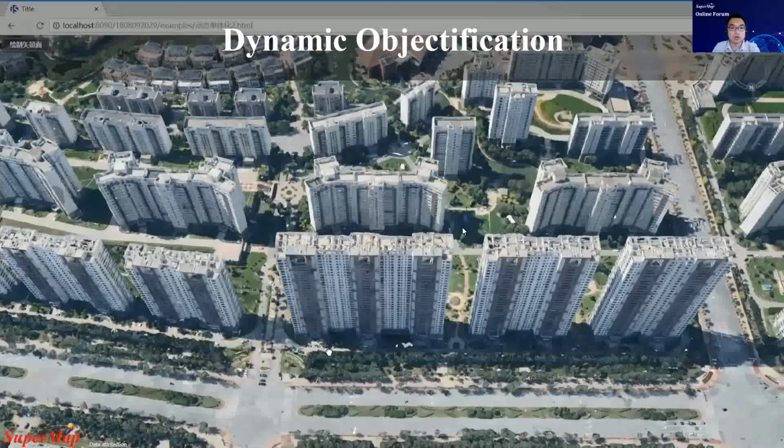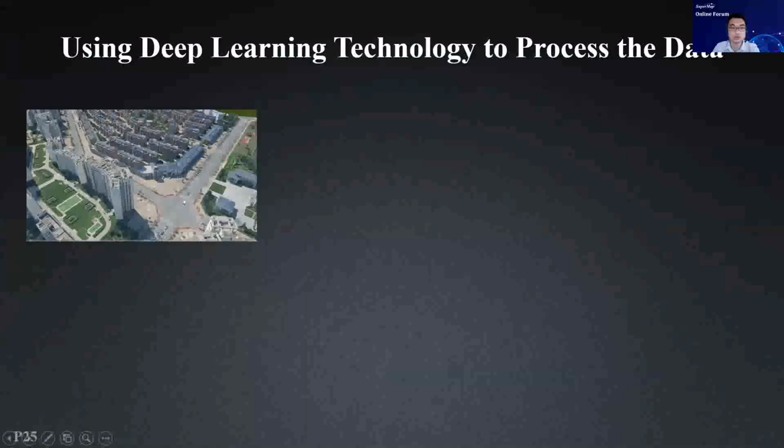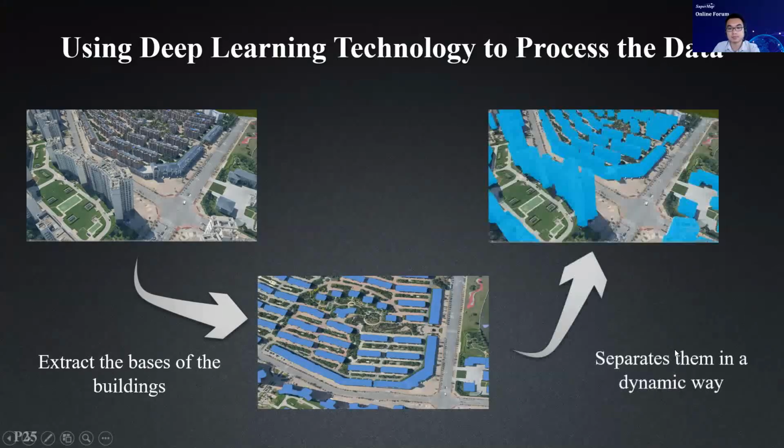And also, if we only use the vector data, but for some areas we don't have that data, so we also provide using the deep learning technology to help us extract the vector data. So you can see we have the 3D images, so we can extract the base of the buildings and also separate them in a dynamic way.